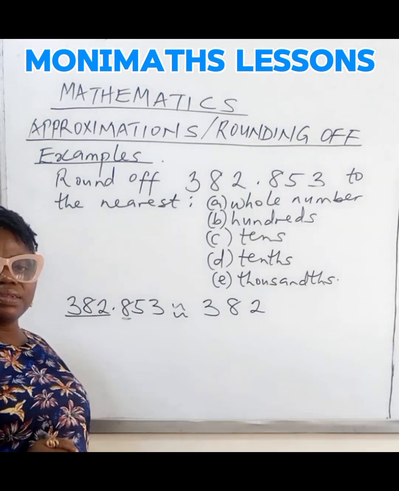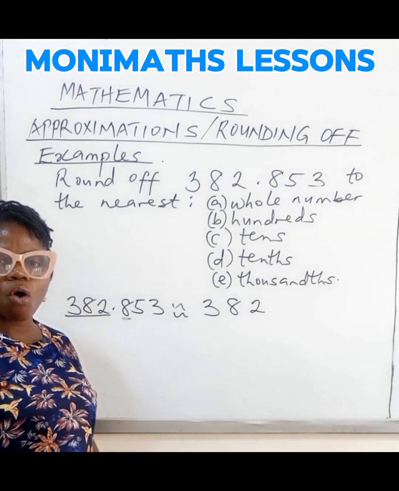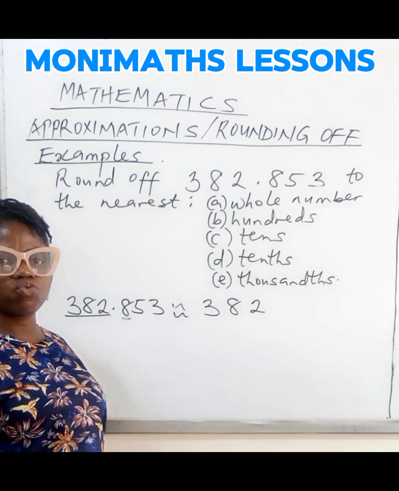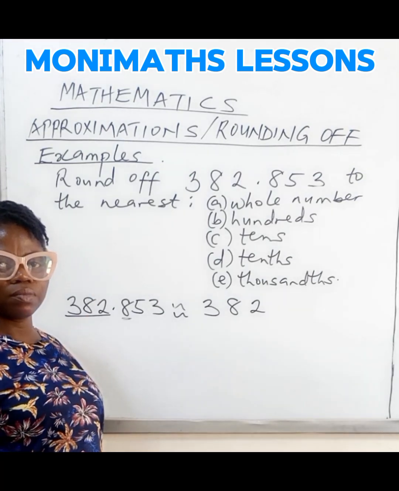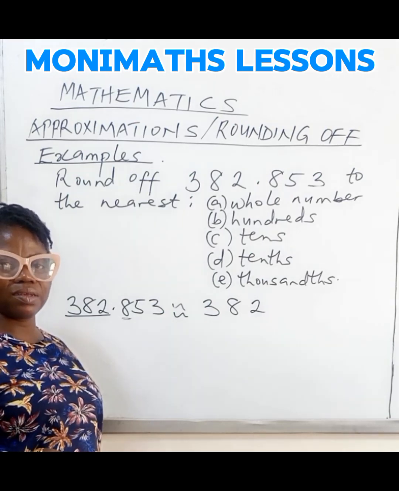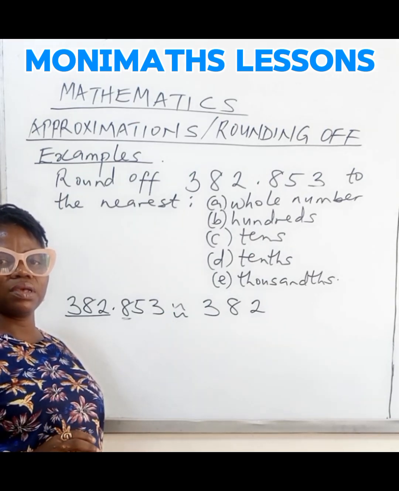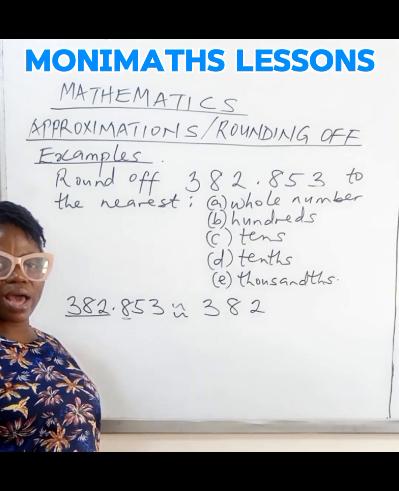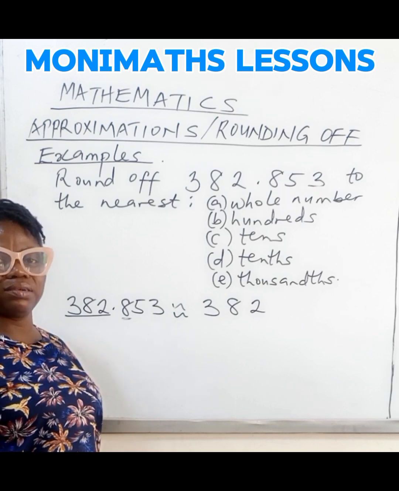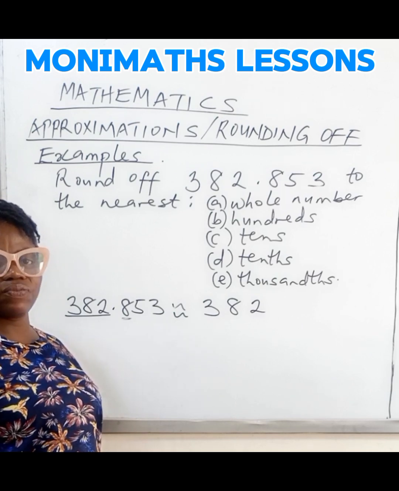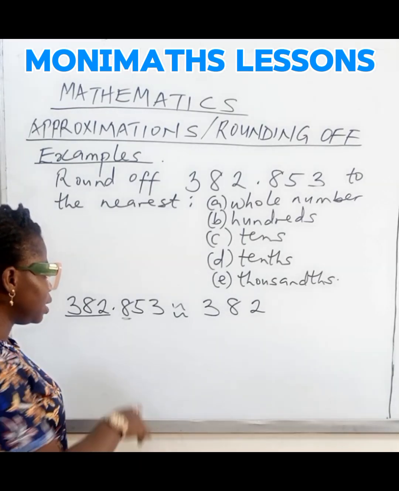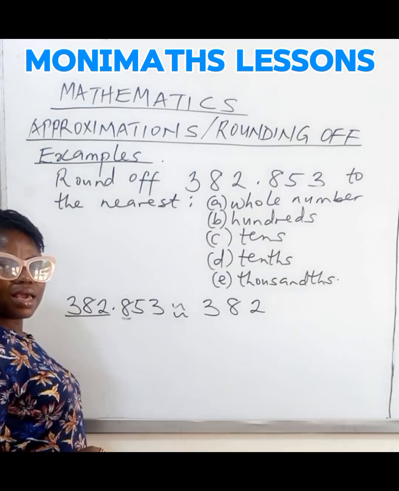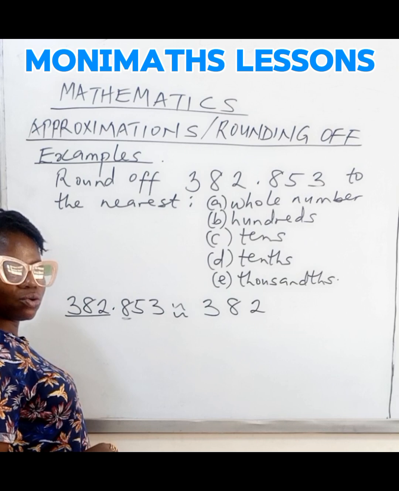If the immediate digit is up to 5 or more than 5, it will be rounded up upon the whole numbers. But if the immediate digit after the whole numbers is less than 5, it will be rounded down as insignificant. So let us see what I do here. This is 8. 8 is the immediate digit after the whole number.